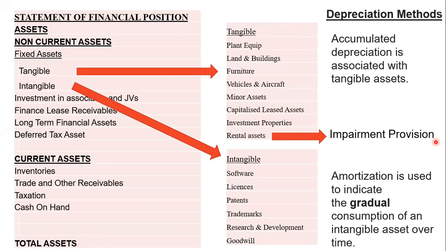Accumulated depreciation is associated then with tangibles. And another method is impairment, and amortization is the way you depreciate intangible assets.